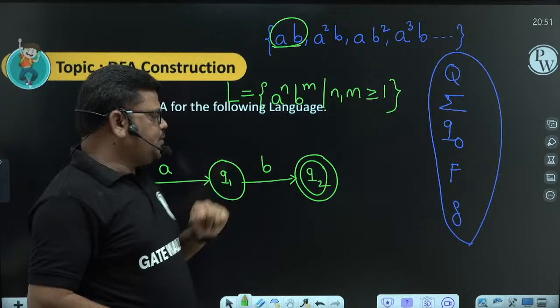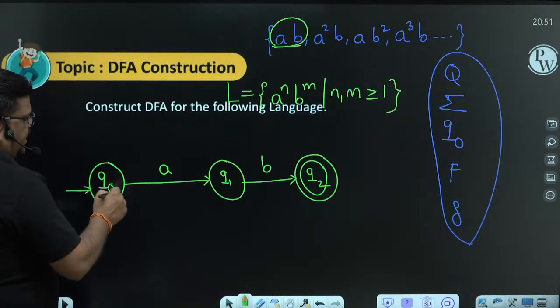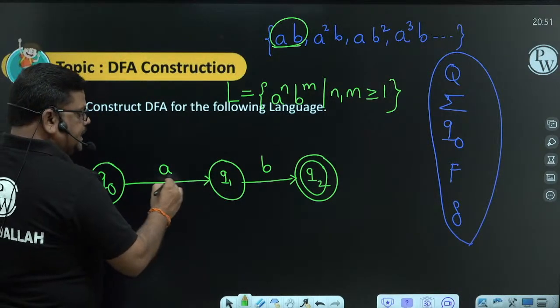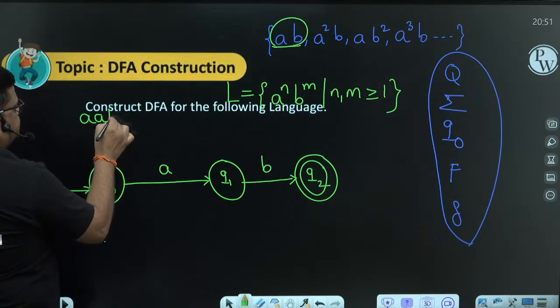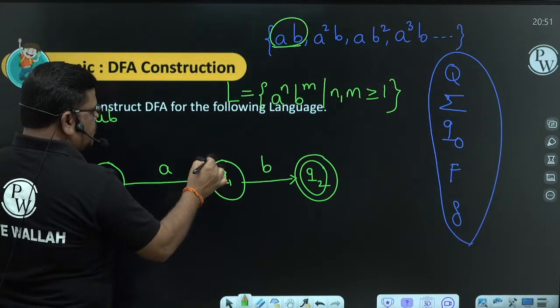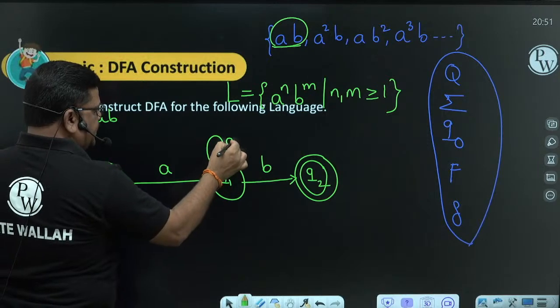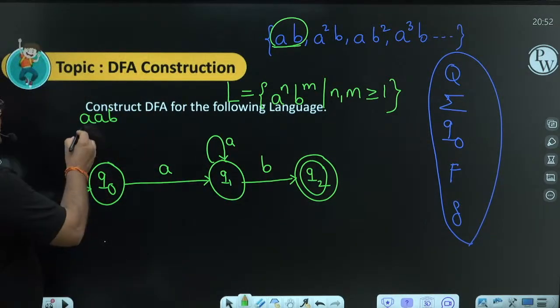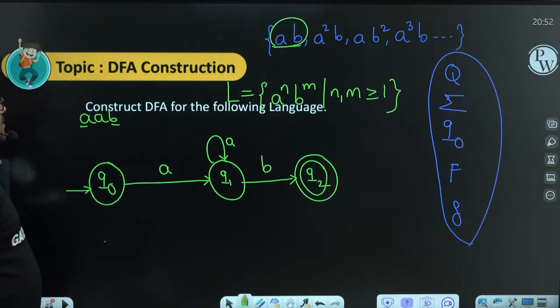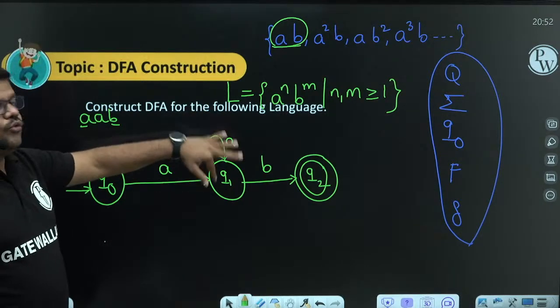2 A's 1 B it has to accept. Starting from the initial state, for 1 A, the transition is already there. For one more A, like this, if B comes, the transition already exists. For A transition exists, for B transition exists, for the middle A, self loop.